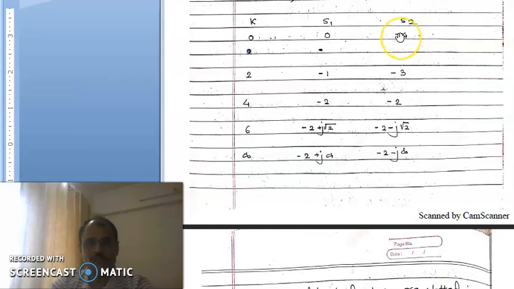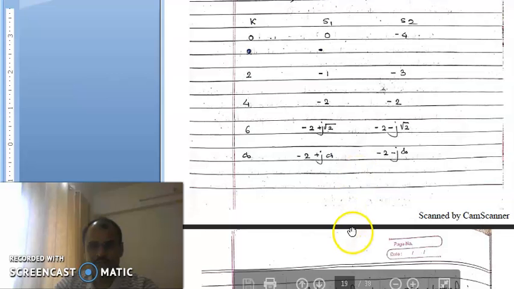Likewise, this root, earlier it was at minus 4, then it comes to minus 3, then minus 2, and for the other values, the real part is again same, and this root moves parallel to negative j omega axis.